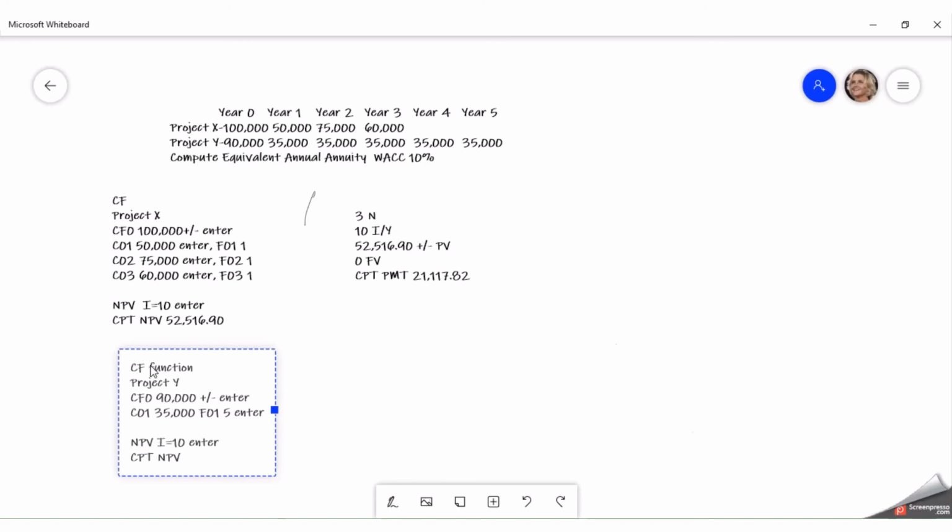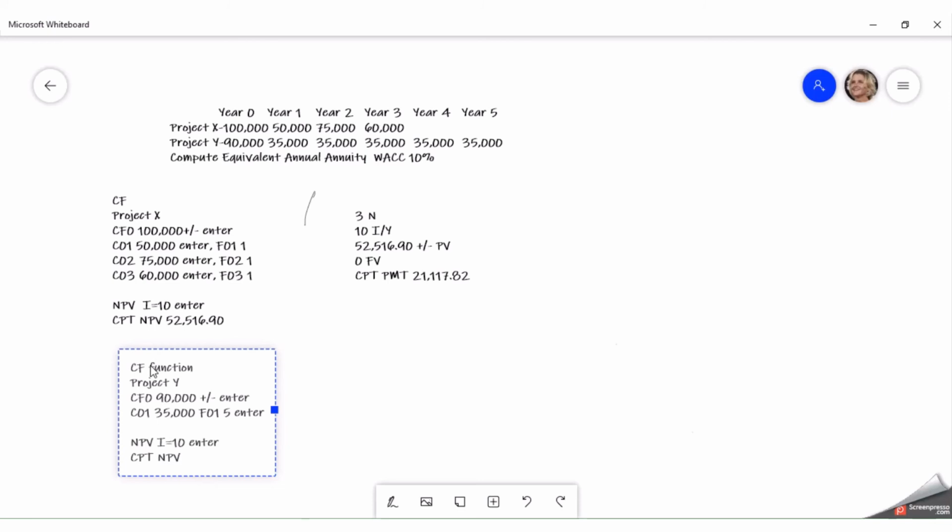Okay, so we're going to hit our cash flow function. So 90,000, hit the plus or minus button to make it negative, push enter, arrow down. Cash flow for year 1 is 35,000, push enter, arrow down, make that frequency 5, hit enter, arrow down. And if you have anything in those future years, make sure you zero those out.